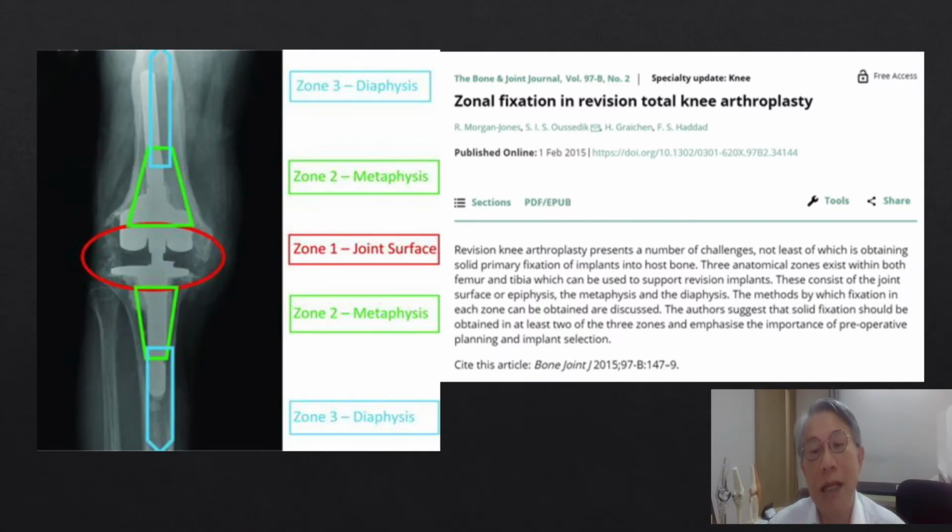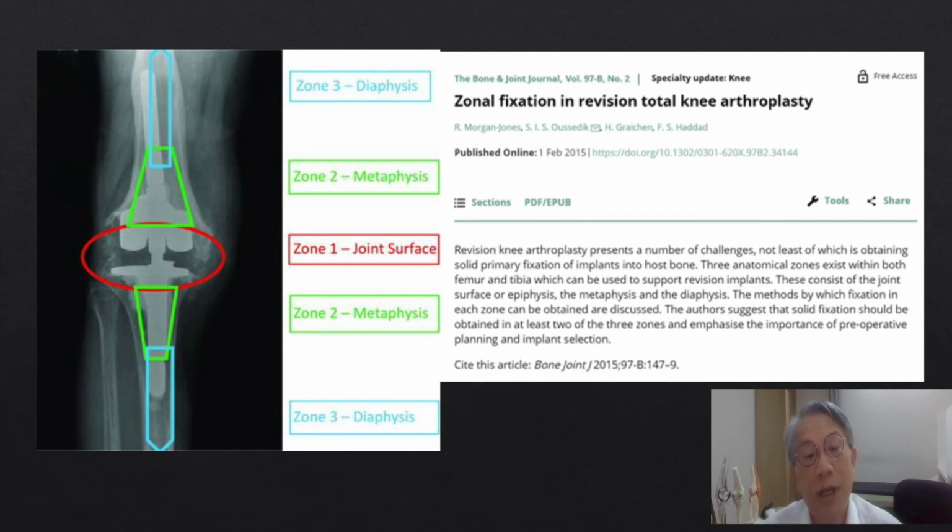We bear in mind that if we choose to revise in these supracondylar periprosthetic fractures, then we still have to remember the basics of the zonal fixation system, which is a very good concept to learn in all revision system principles. And that is, we should try to get fixation in at least 2 out of 3 zones.